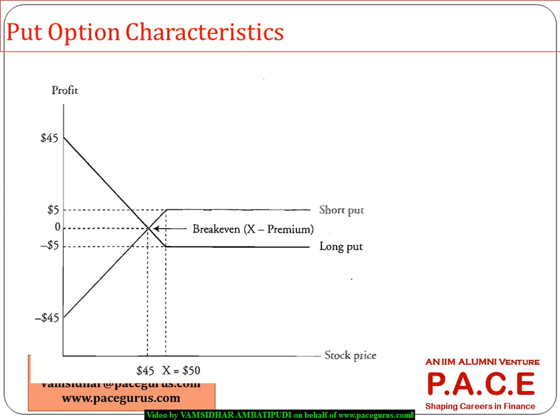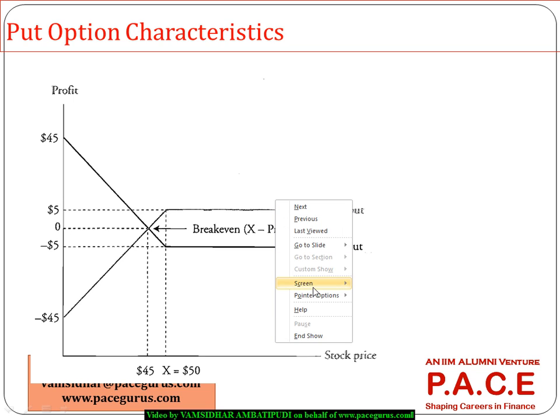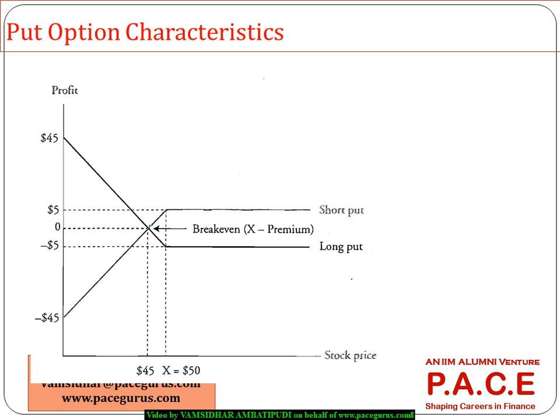But when we look at the put option, it's exactly the opposite side, wherein as the market price is decreasing, the party will make a profit. Long put. What is the long put? The option to sell the share at a fixed price. Let's say I have taken this option with a strike price of 50.